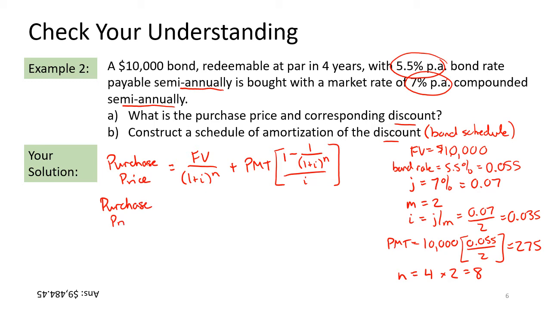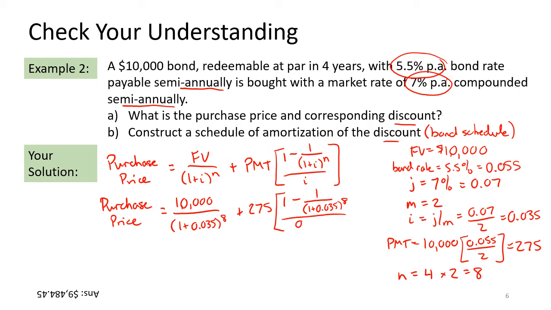our purchase price is equal to our face value, 10,000, divided by 1 plus our periodic interest rate, 0.035, to the exponent 8, because we have 8 bond interest payments, plus our payment, $275, times 1 minus 1 divided by 1 plus our periodic interest rate, 0.035, to the exponent 8, divided by our periodic interest rate, 0.035.